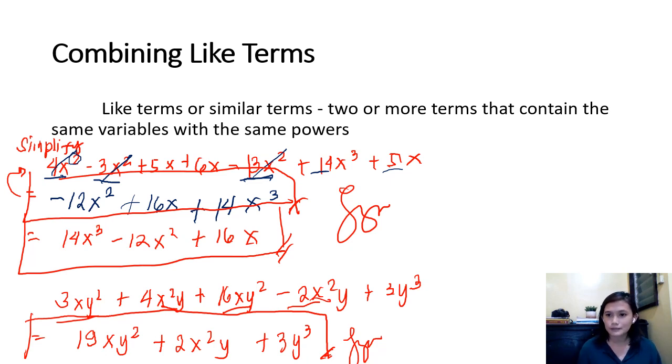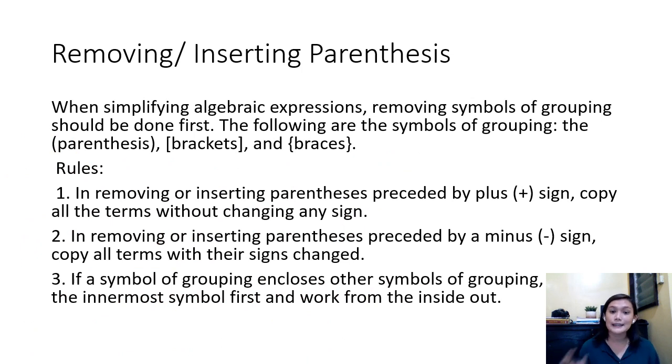Now, let's proceed to another topic, which is all about removing and inserting parentheses. So here, class, when simplifying your algebraic expressions, you need to remove some symbols of grouping first. The following are the symbols of grouping: the parentheses, brackets, and braces.